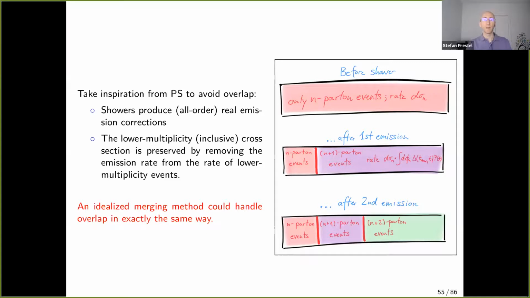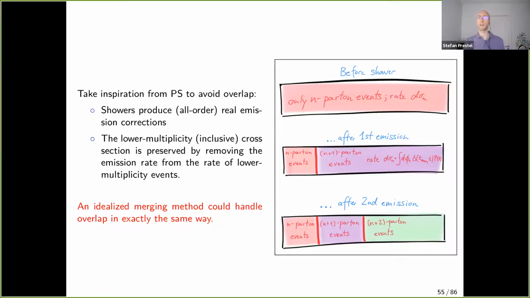Showers themselves produce these all-order real emission corrections without any overlap, and they still make sure that the inclusive cross-section is preserved by correlating the no-emission probability with the emission probability in order to make sure that everything is unitary. The inclusive cross-section is preserved when you are not sensitive to any of the emissions. And the way it does that is by removing the emission rate from the rate of having no emission.